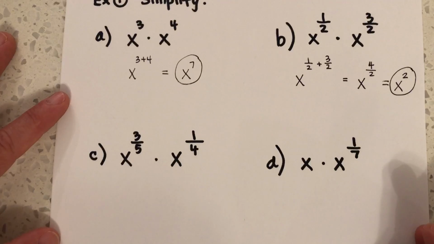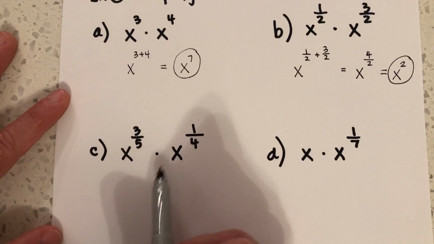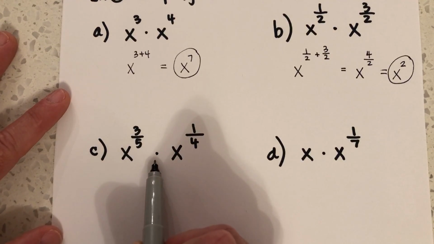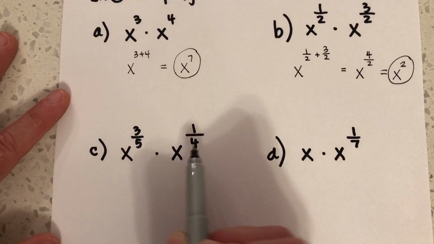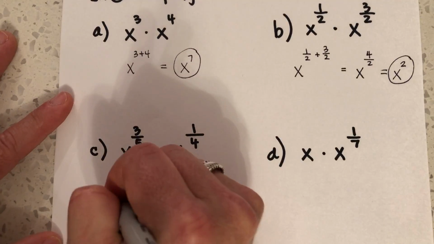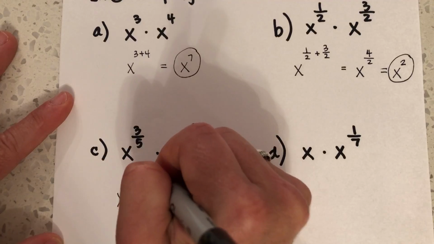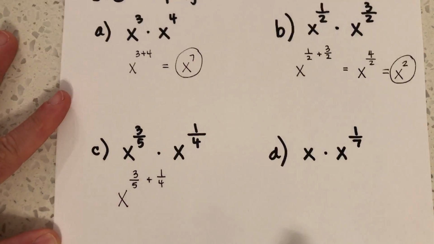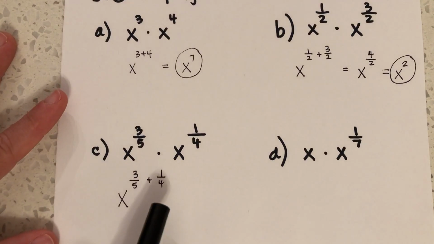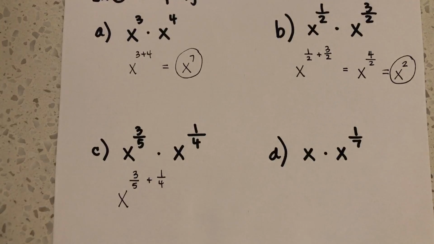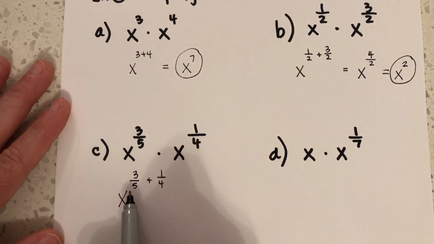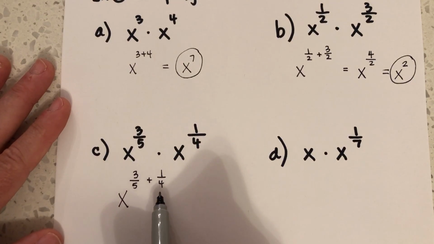All right, so part C, x to the 3/5 times x to the 1/4. Well, we're multiplying, the base is the same, we need to add our exponents. So this is going to be x to the 3/5 plus 1/4. Now it gets annoying because we don't have a common denominator, so you have to find one. Either ask your calculator or figure out what's a common denominator between 5 and 4? It's 20.